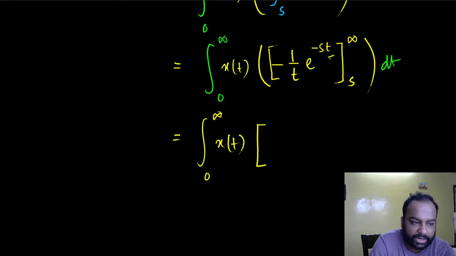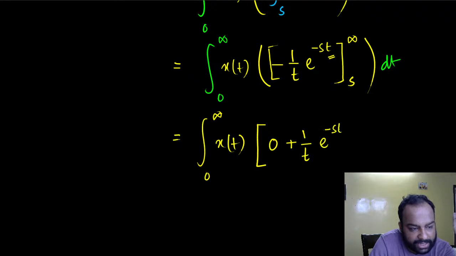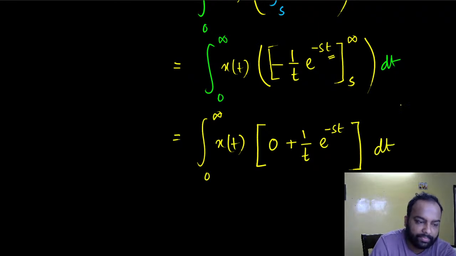So in place of s, if I put infinity, then it becomes e to the power negative infinity, which would be 0. Then we have a minus of minus 1 by t, so that's a plus 1 by t. And if I put s, that becomes e to the power minus st. And we have a dt here, right?